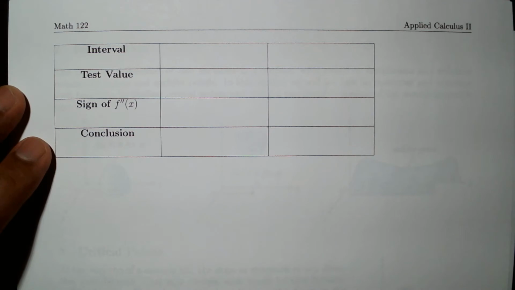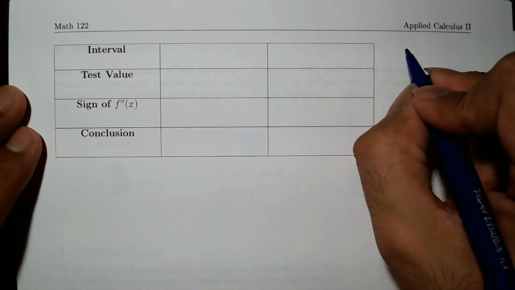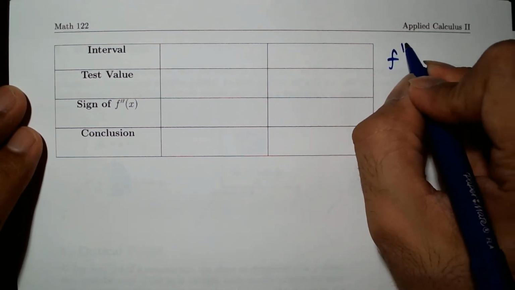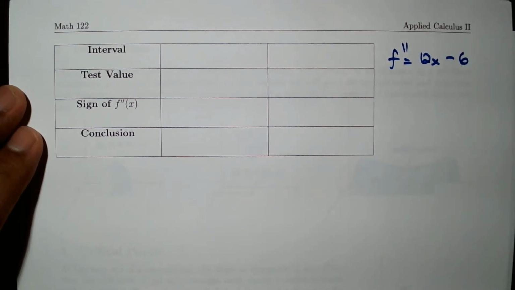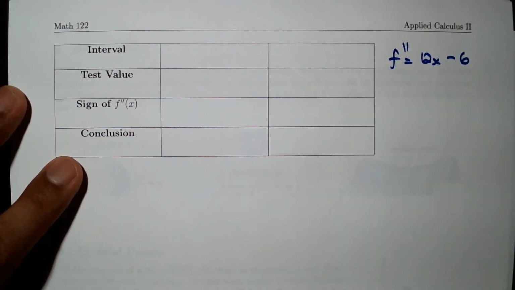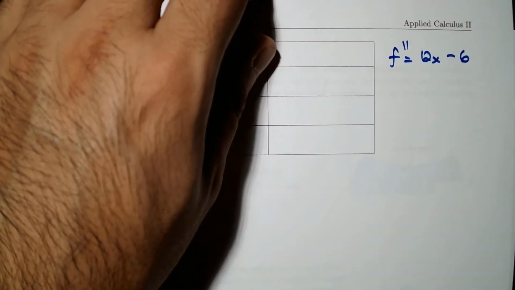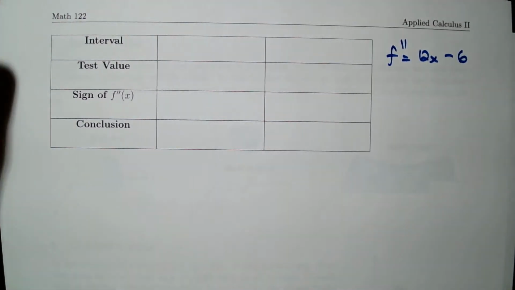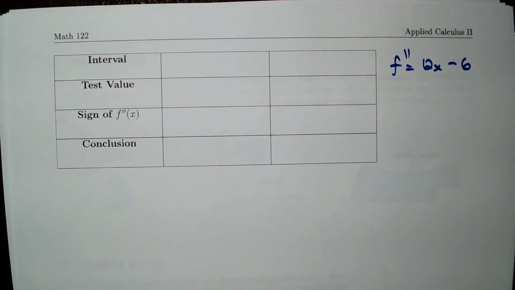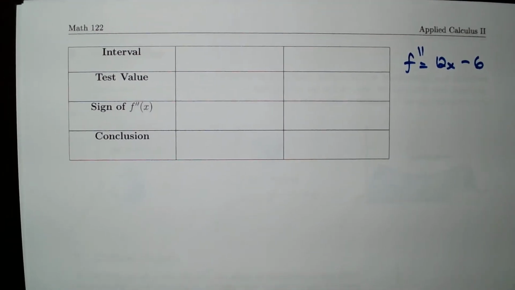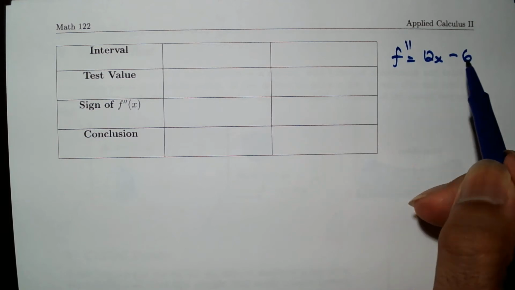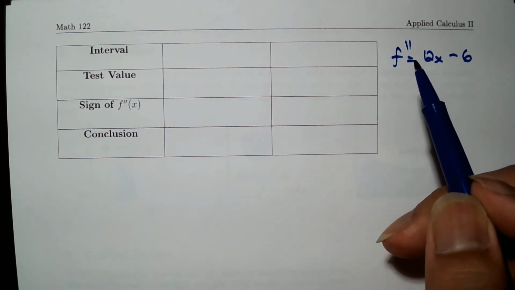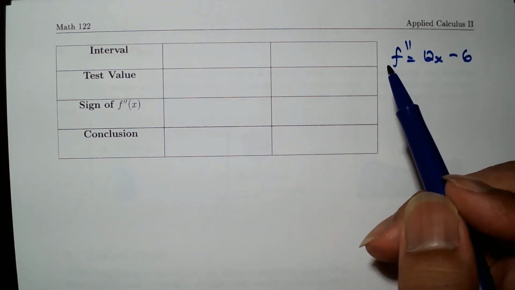We had the function 6x squared minus 6x minus 12. The second derivative is going to be 12x minus 6. Now, we need critical numbers from the second derivative, which I typically call second generation critical numbers because they come from the second derivative.